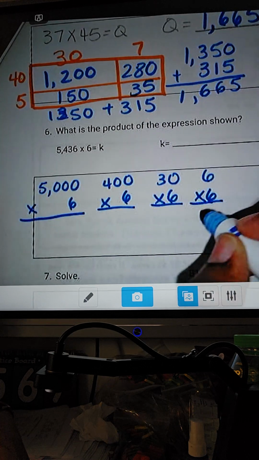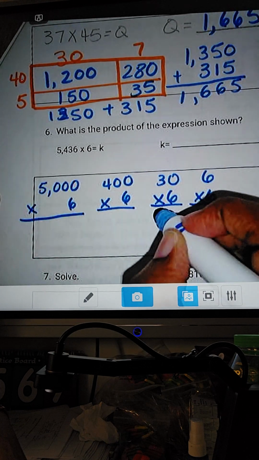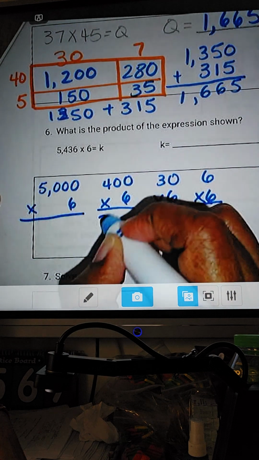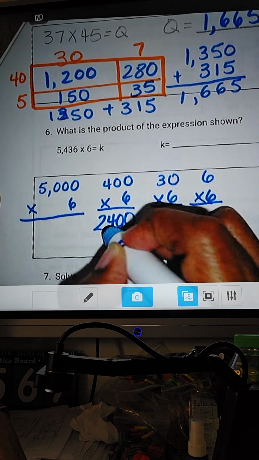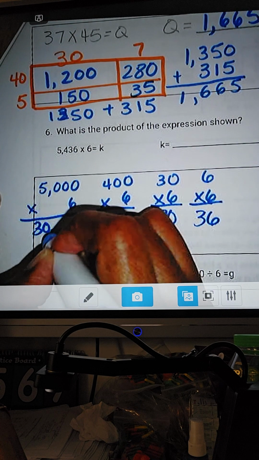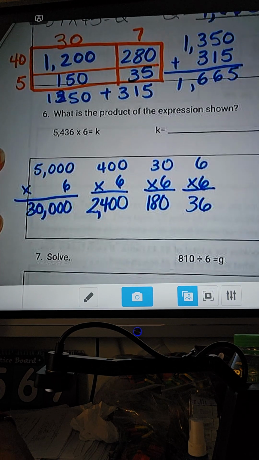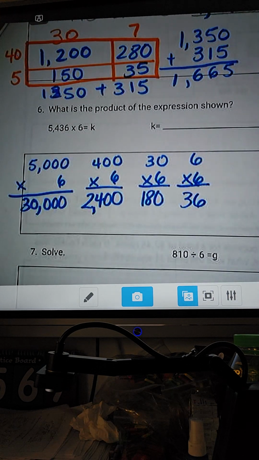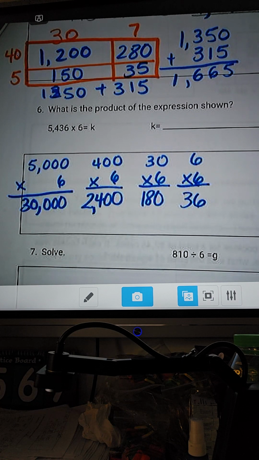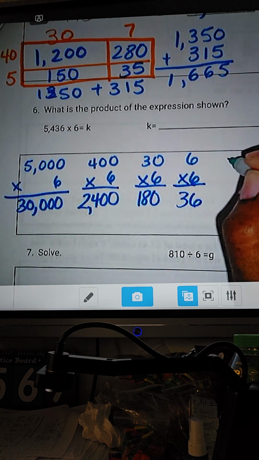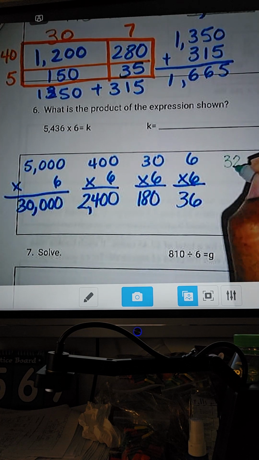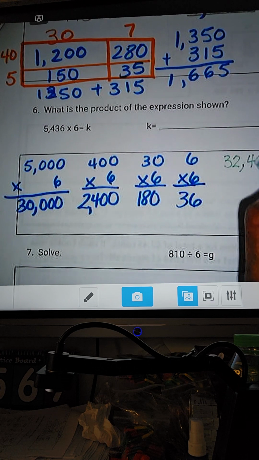All right, so we should have 36, 180, 2,400, and 30,000. Now you have to add them all together. 30,000 plus 2,400 is 32,400.